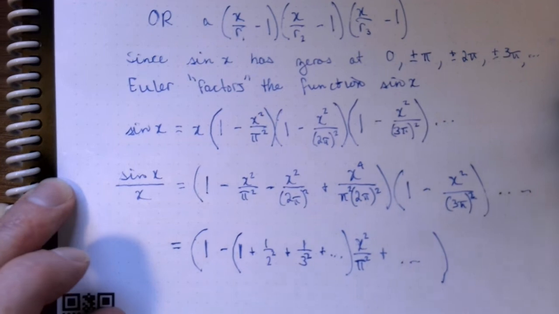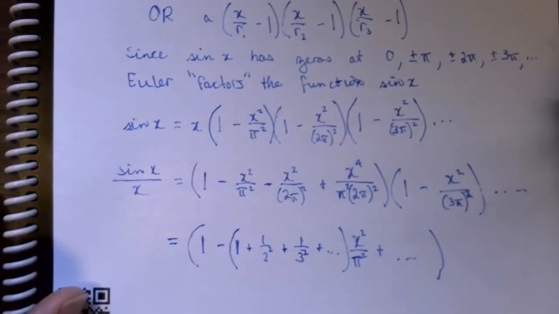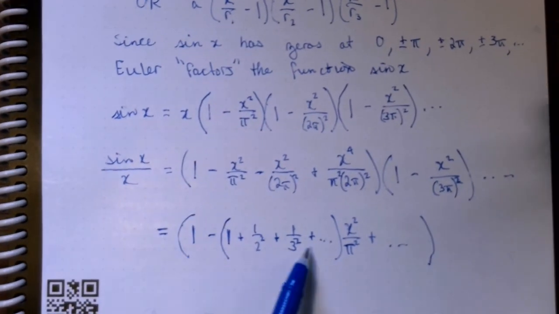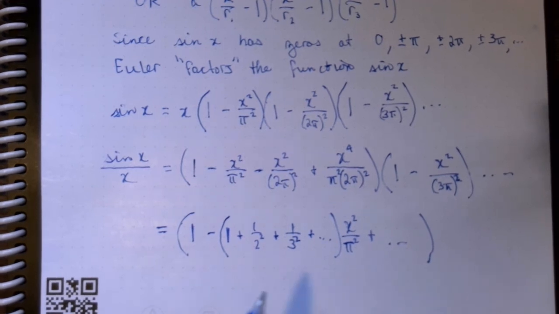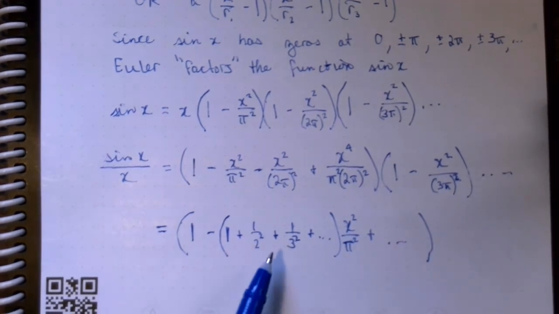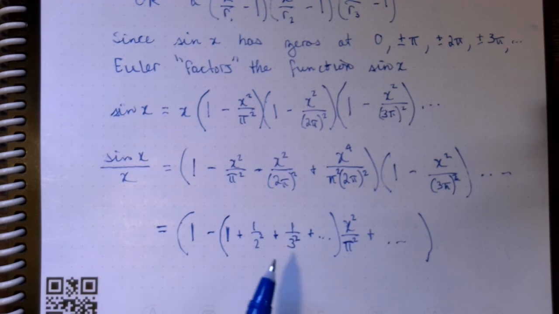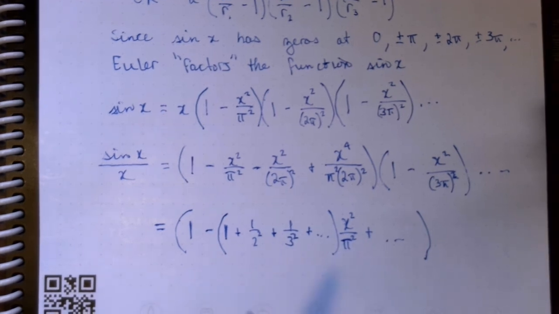So we've got actually now 2 series. Imagine we kind of continued this. We'd get another infinite series, and all the coefficients would themselves be infinite series. So let's compare the 2 series.